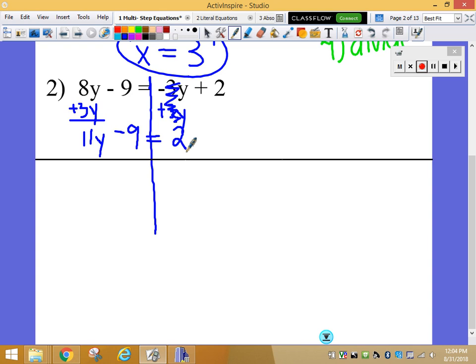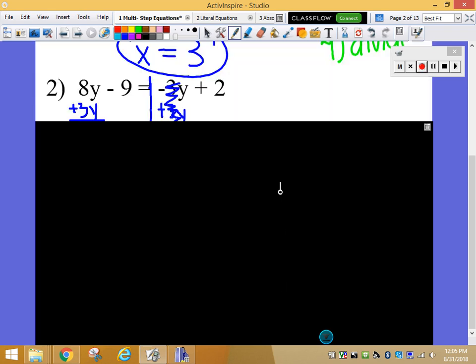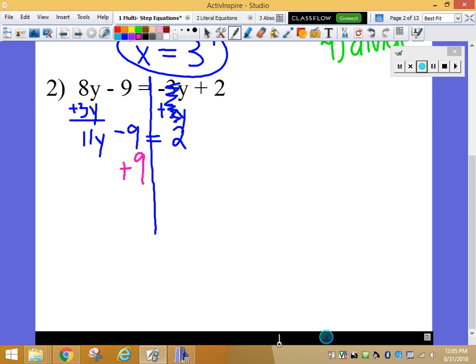We've done that. Step 3 was to move the number to the right. So I want to move this 9. The opposite of minus 9 is plus 9. So I'm going to do plus 9 on the left, and I'm going to do plus 9 on the right.